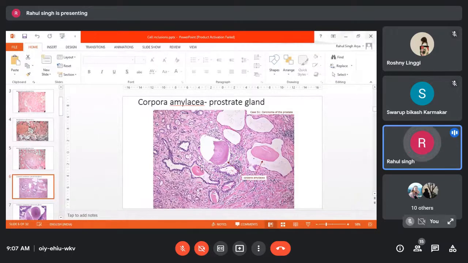The gland alveoli are also abnormal, and some of them have turned cystic. They are showing the presence of hyaline structures with concentric deposits of hyaline material over them. These are corpora amylaceae in the prostate gland.